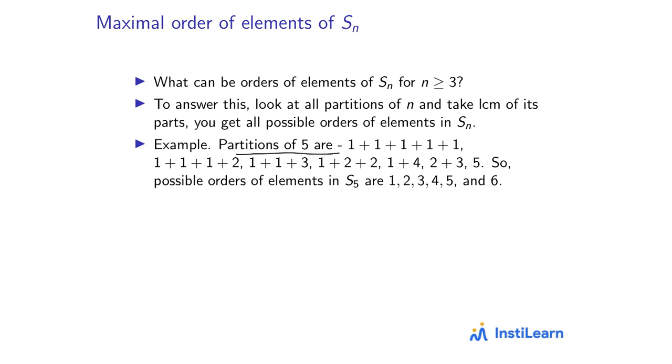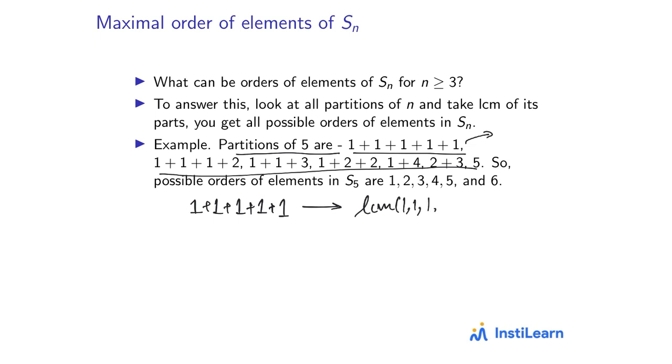So again, partitions of 5, we saw there are 7 partitions, given by these. Now we can try and find, for each partition, what will be the order of the element. If you take the partition 1 plus 1 plus 1 plus 1 plus 1, any element associated with it has order LCM of 1, 1, 1, 1, 1, that is 1.